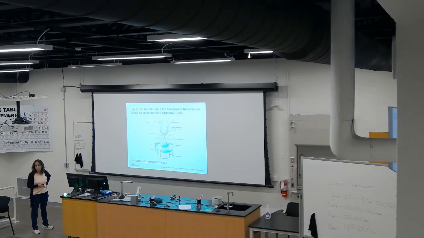But that's when you use the oil immersion objective lens. That oil is going to prevent so much of this refraction, so you will have more rays of light. In here they just show one, but you have more rays of light going through this objective lens, and you have a better resolution.